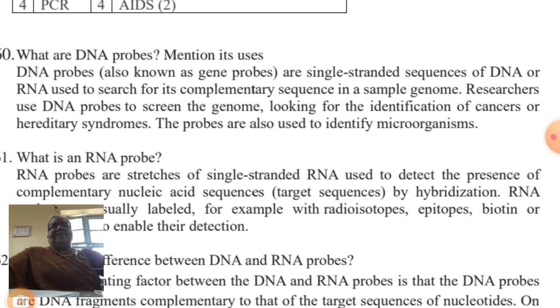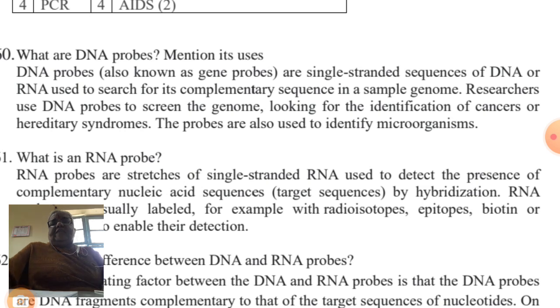Researchers use DNA probes to screen the genome, looking for the identification of cancers or hereditary syndromes. So in the medical field, basically they are used for identification or diagnosis of cancers or tumors or even hereditary syndromes. These probes are also used to identify microorganisms.